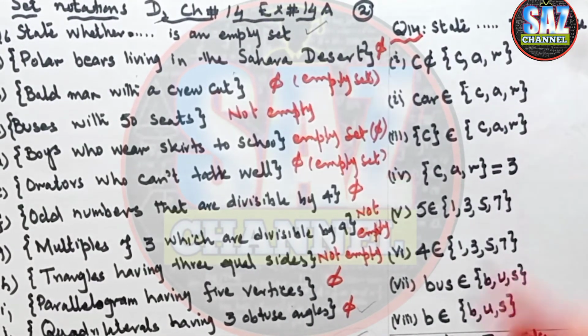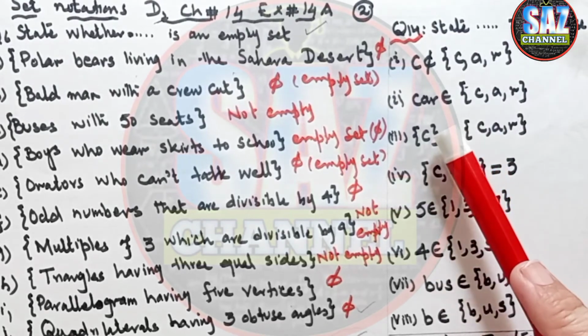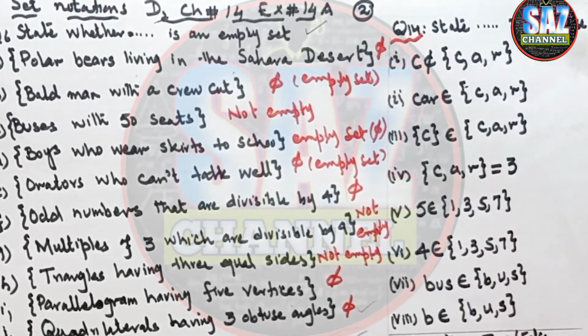And the second one is: car belongs to {C, A, R}. The set given to us has three letters C, A, and R, but the word car is not here, so it's a false statement.